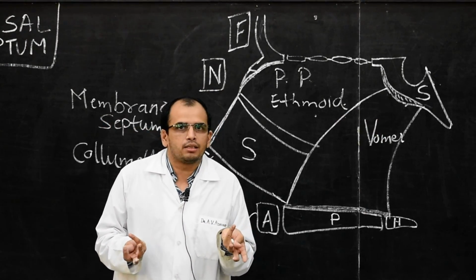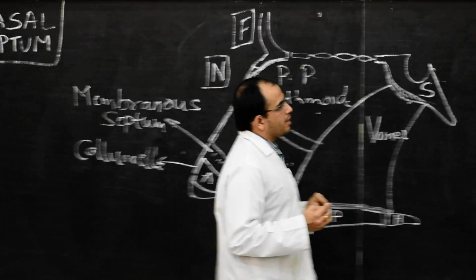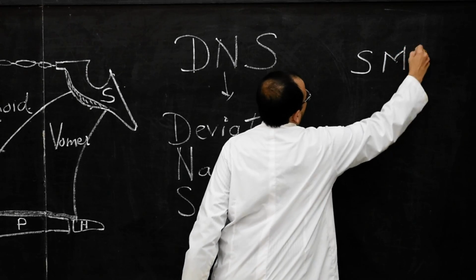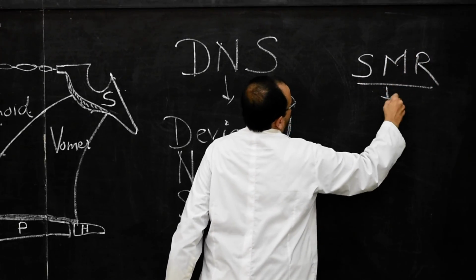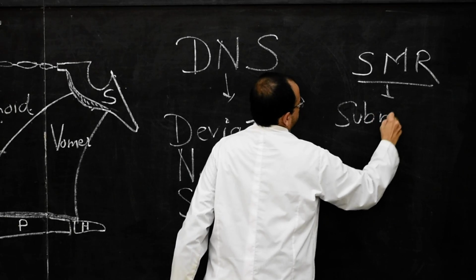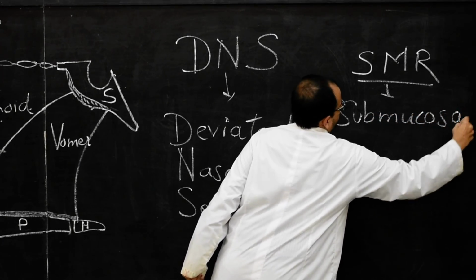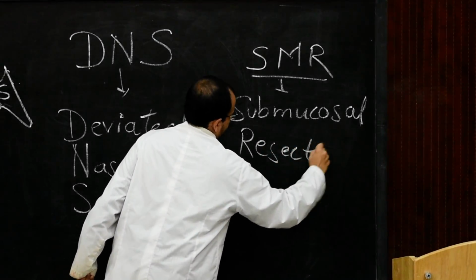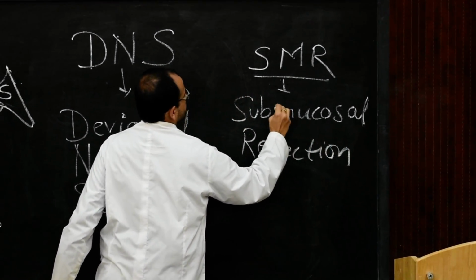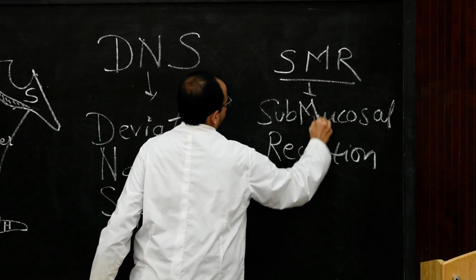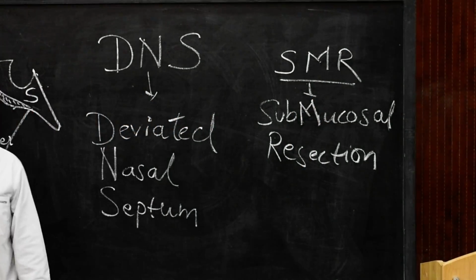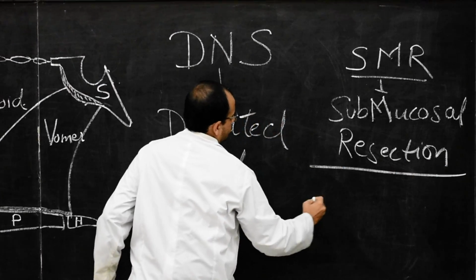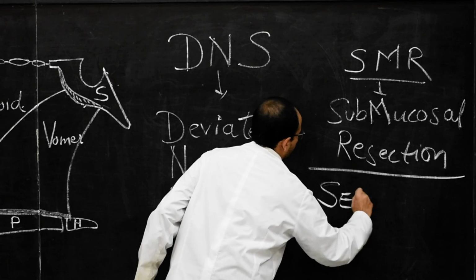Now how to correct it? There are two methods by which it can be corrected. One is called SMR, that is submucosal resection, and if further required, it can also be done by a procedure called septoplasty.